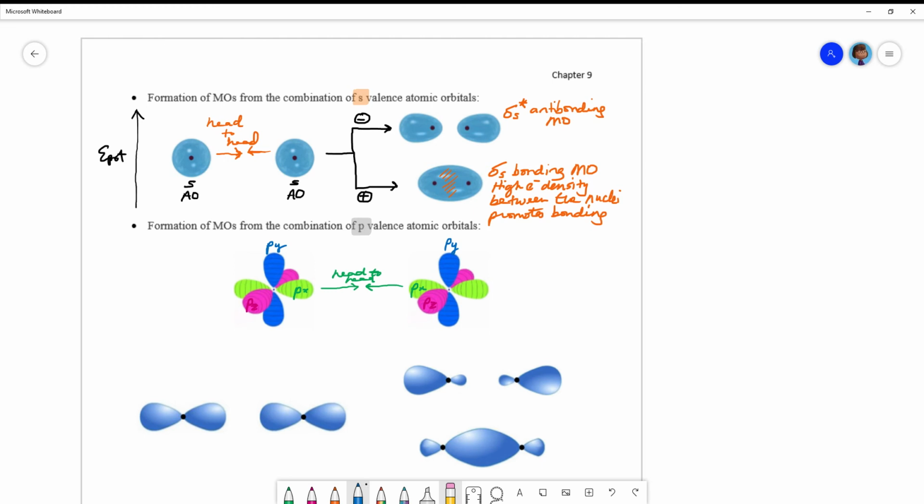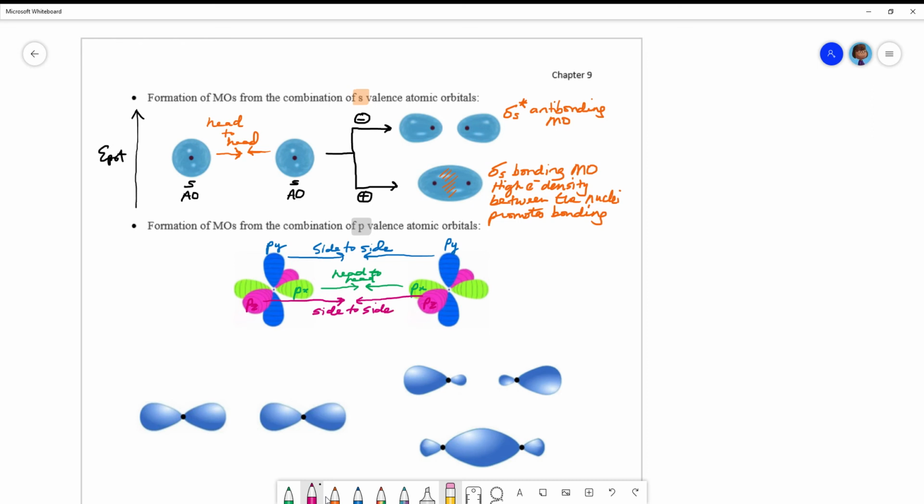As they get closer and closer together, they're not interacting head to head. They're getting closer in a side-to-side orientation. So side to side. And how about the pz orbitals? This pz orbital and this pz orbital, are they coming at each other head to head or side to side? Hopefully you can see that they are also in a side-to-side orientation.